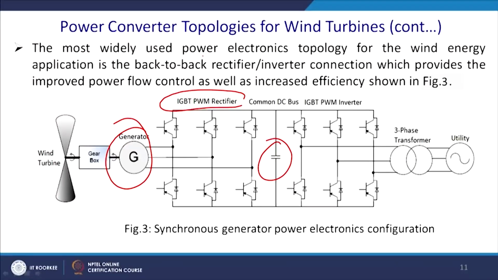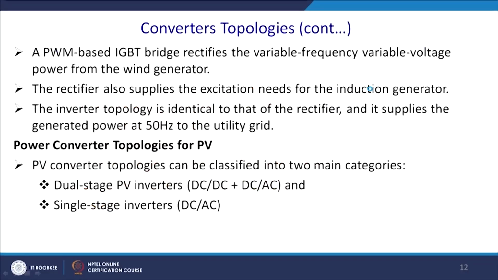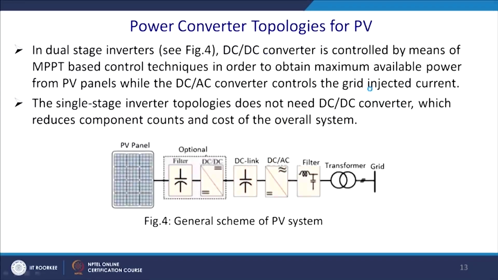So, the most widely used power electronics topology for wind turbine application is the back to back rectifier inverter connection, which provides improved power flow control as well as increased efficiency. We can show that in the next figure anyway.